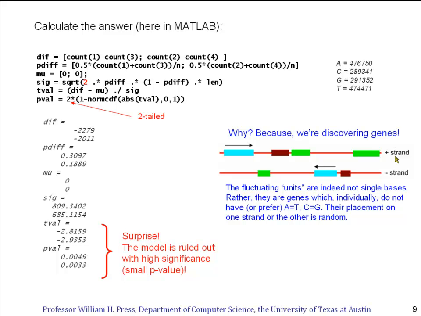So the fluctuations that you might expect are correspondingly larger, because they're fluctuations not of how many base pairs are A versus T, but of how many genes are A-rich versus T-rich. We could actually put numbers in this and try to estimate quantities like how many genes there are or what's their average length. We could actually estimate a certain combination of those two. But that goes beyond what we want to do in this unit.